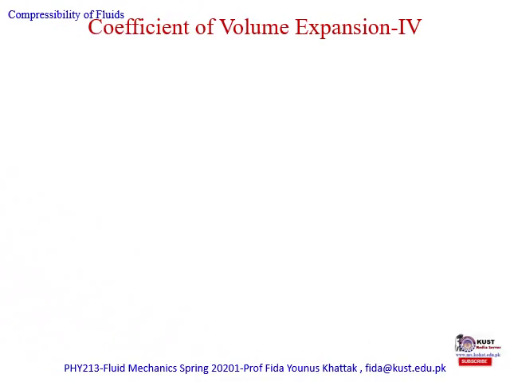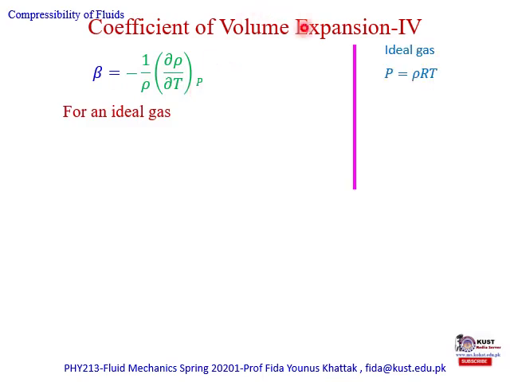Let's look at the coefficient of volume expansion beta for an ideal gas. We had beta is equal to minus 1 over rho times del rho over del T at constant P. For an ideal gas, we have P is equal to rho RT. We can write this as rho is P over RT, or del rho over del T is equal to minus P over RT squared.